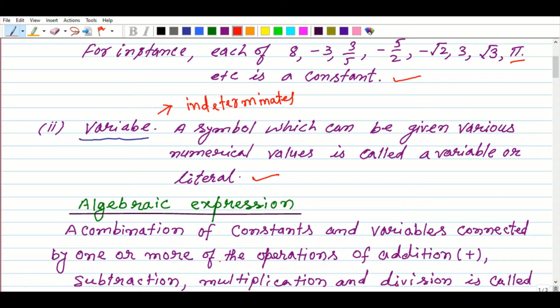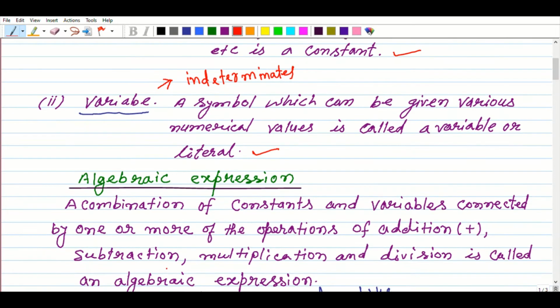Okay, the two symbols we understand. Now next, that is algebraic expression. You are familiar with that, but to refresh your knowledge, that's why I am going to read it. A combination of constants and variables connected by one or more of the operations of addition, subtraction, multiplication and division.